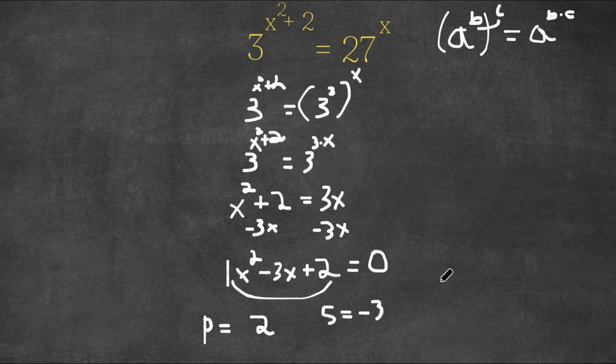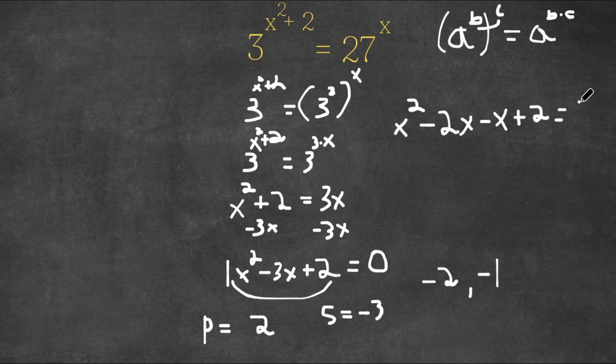Those two numbers are actually -2 and -1, because as you can see, if you add these two, they get -3, and if you multiply these two, they get 2. So now our equation is going to be x squared minus 2x minus x plus 2 is equal to 0.